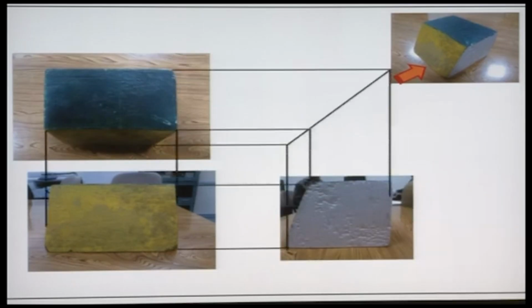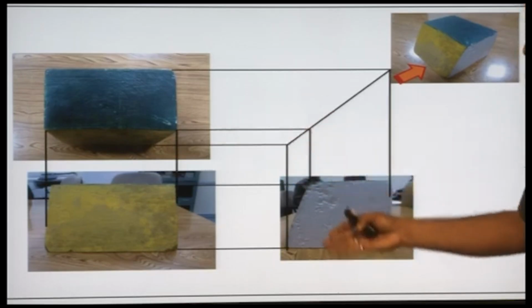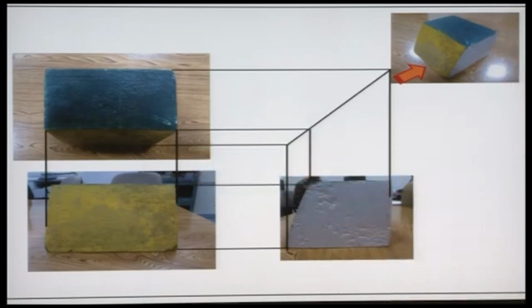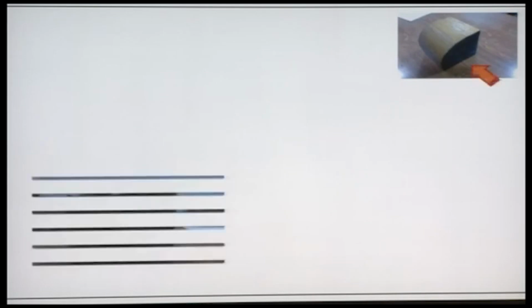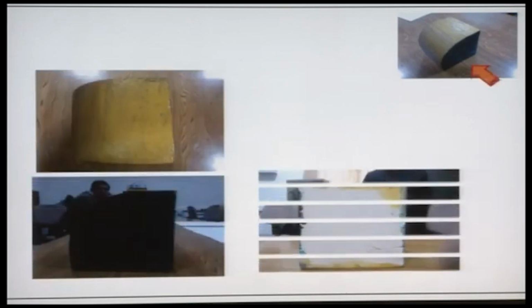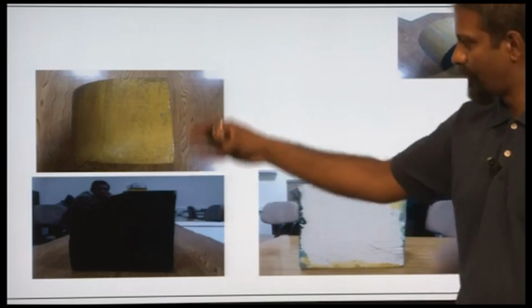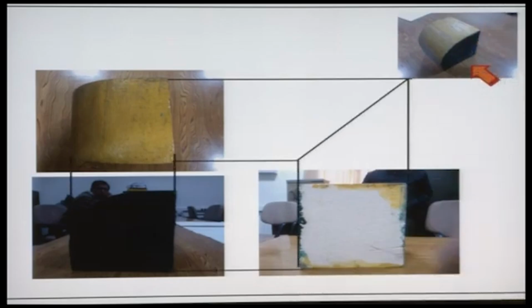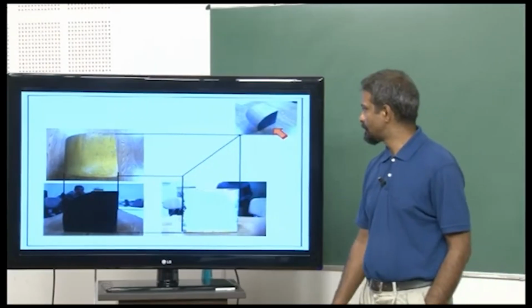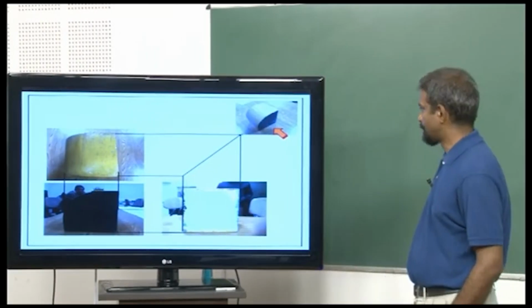And if we correlate using the projection lines, this is how you would want to draw these projection lines. Second object, the front view, the top view, the right side view. And if you correlate different features of these objects in different views, this is how your projection lines are going to show up in your drawing.